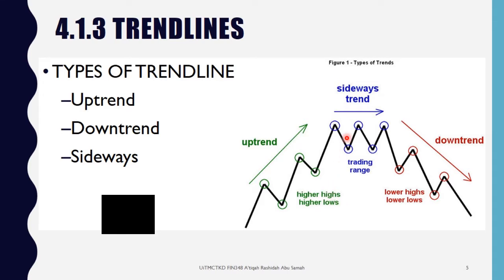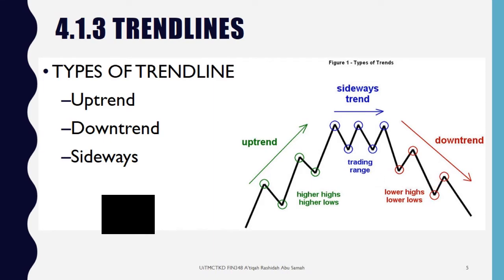This is the sideways trend, which is basically about correction, giving some time to make a correction, and later the trend will go up again or down. The downtrend consists of a series of lower highs and lower lows.